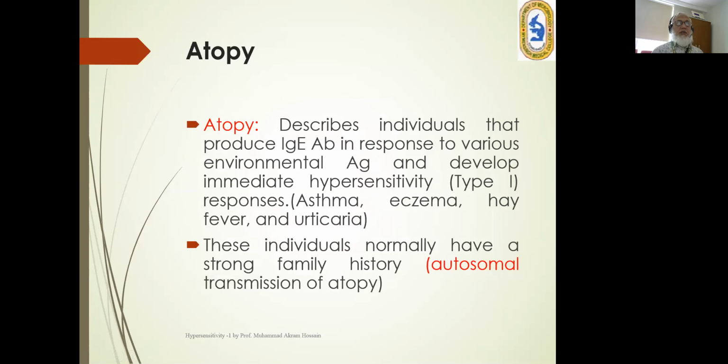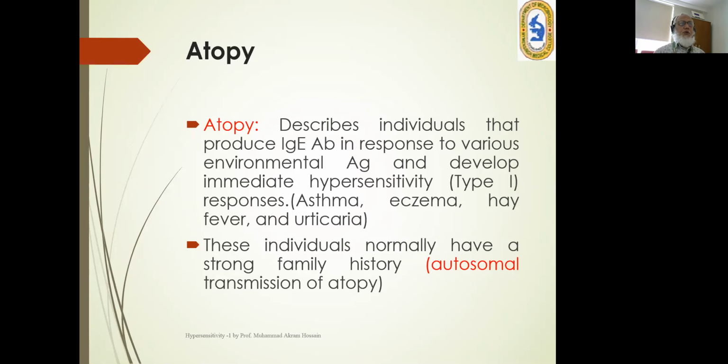So another term is atopy and atopic individuals. Atopy describes that atopic persons produce an excess amount of immunoglobulin E in response to certain allergens, and they suffer mostly from type 1 hypersensitivity: asthma, eczema, hay fever, urticaria, etc. These individuals normally have a strong familial history, with autosomal transmission.